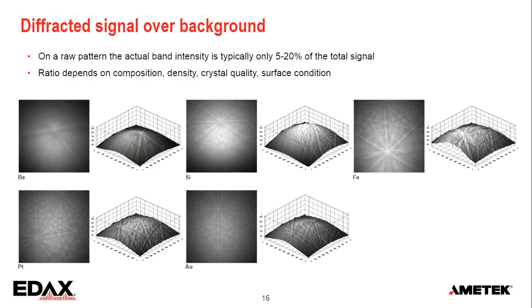And any materials that are very light, so it doesn't have to be a single-phase metal, of course, can be silicates, it can be semi-organic materials. You have to keep in mind this ratio of the diffracted signal to background.